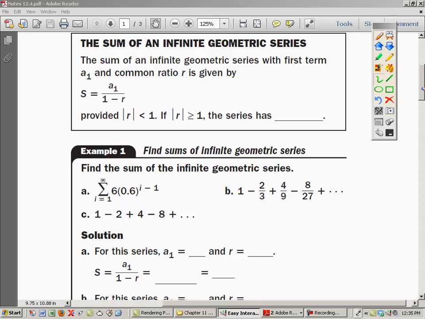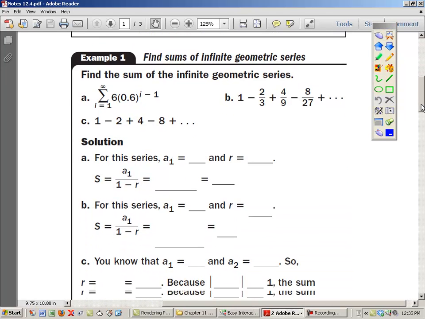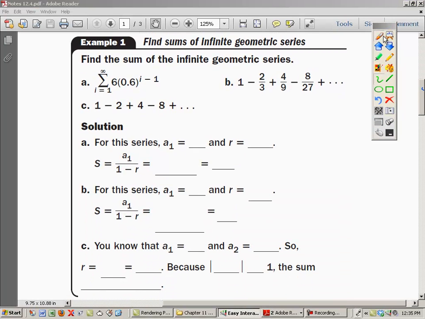So let's take a look at finding the sum of a couple of infinite geometric series. We want the summation of 6 times 0.6 to the i minus 1, where we're starting at 1 and going to infinity. So again, this is an infinite geometric series because we're going to infinity.